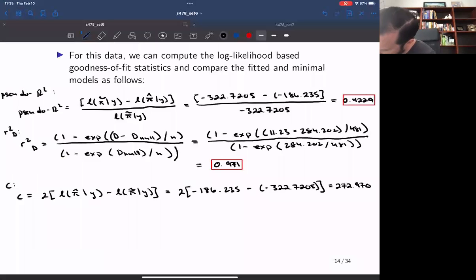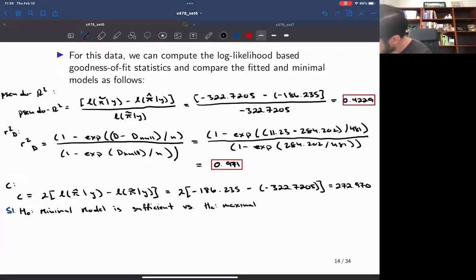So here we have H0, the minimal model is sufficient, versus HA, sorry, the fitted model is required.